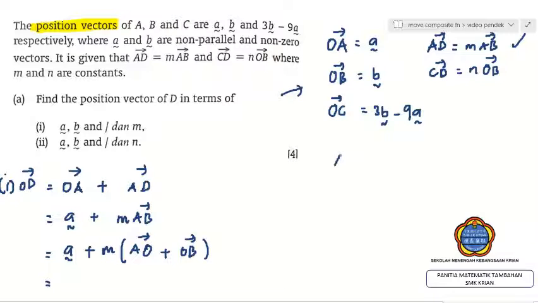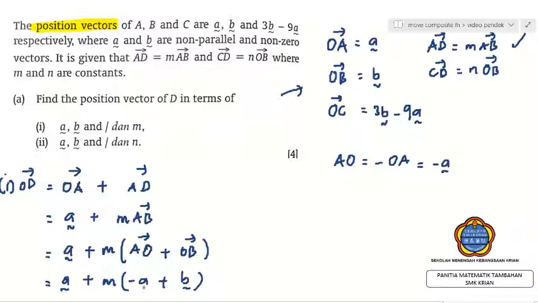AO is the negative of OA, so it is equal to negative a. So it is a plus m bracket, AO is negative a, plus OB, which is b.